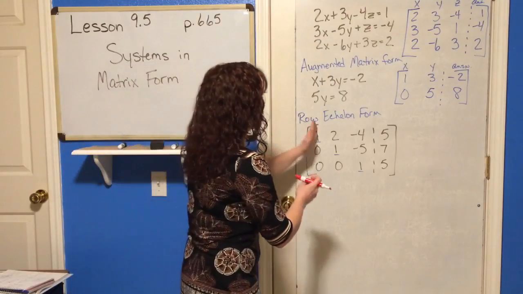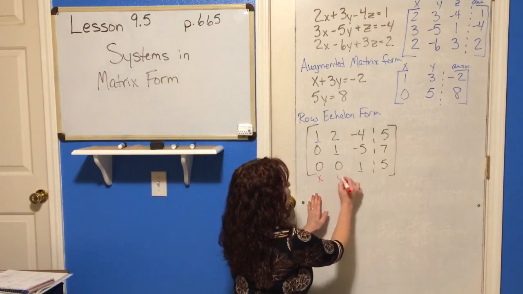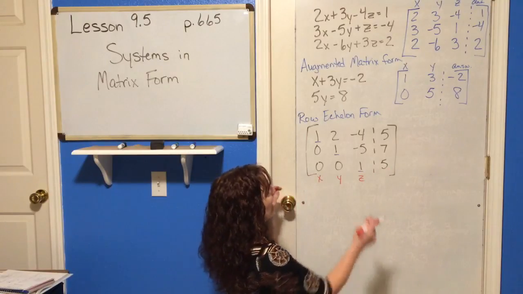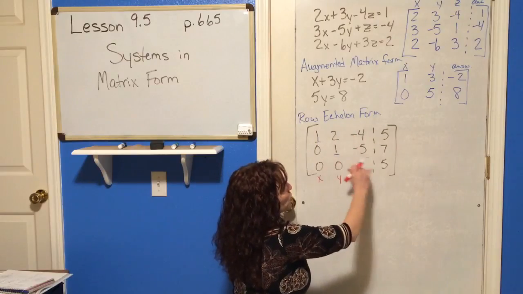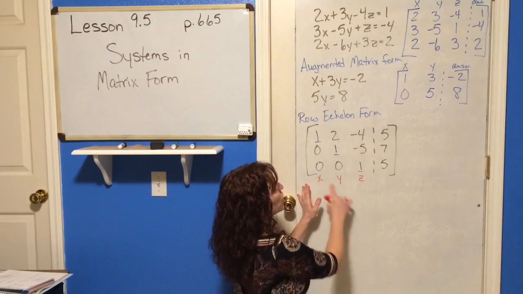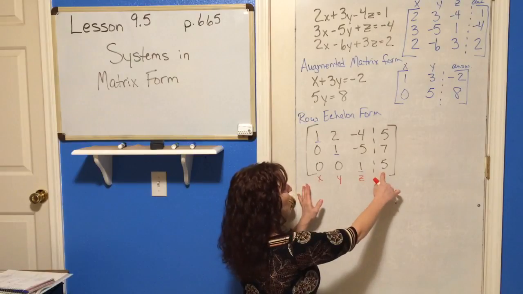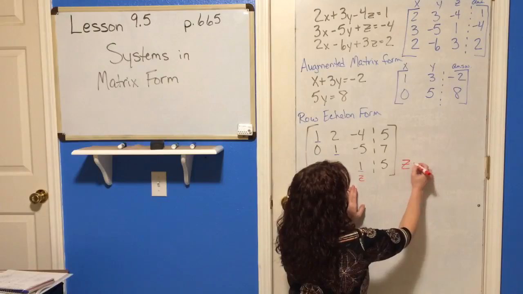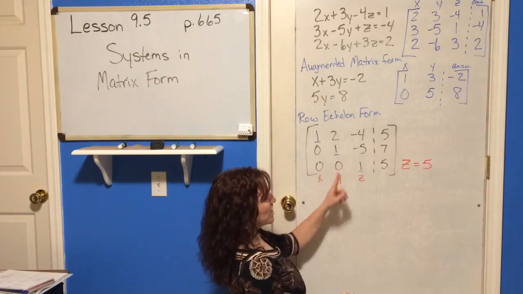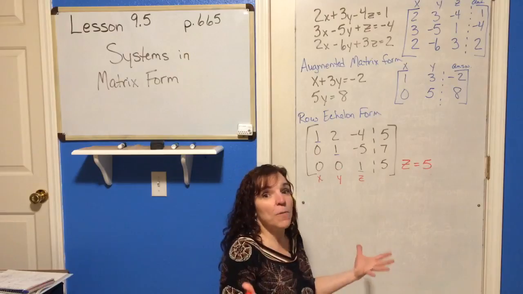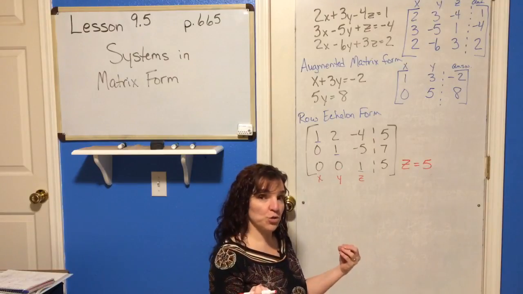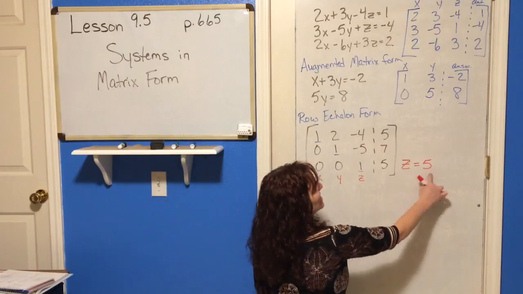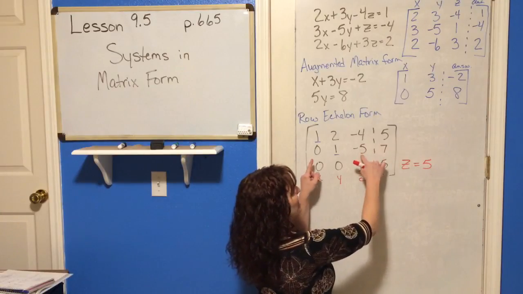Now, the reason this is handy is because once you've solved it this way, you know if these are the X's, these are the Y's, and these are the Z's, and these are the answers. If these were equations, you already know that Z equals 5, because this equation just says Z equals 5, because there's no X and there's no Y. So you already have one part of your solution. Once you have that, now you can plug this Z back into this equation.